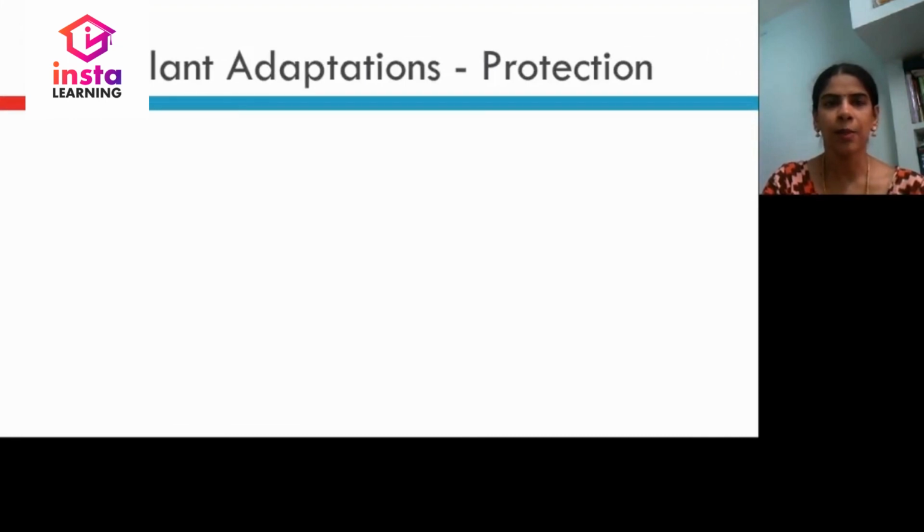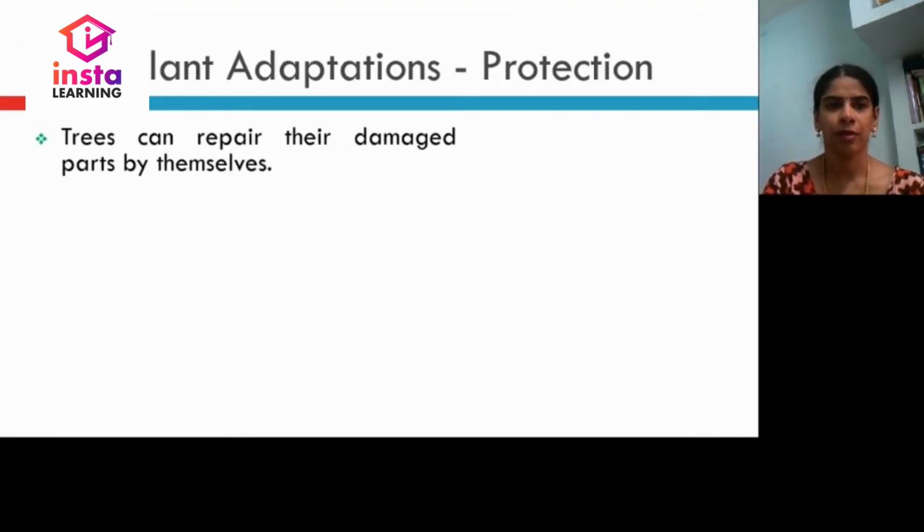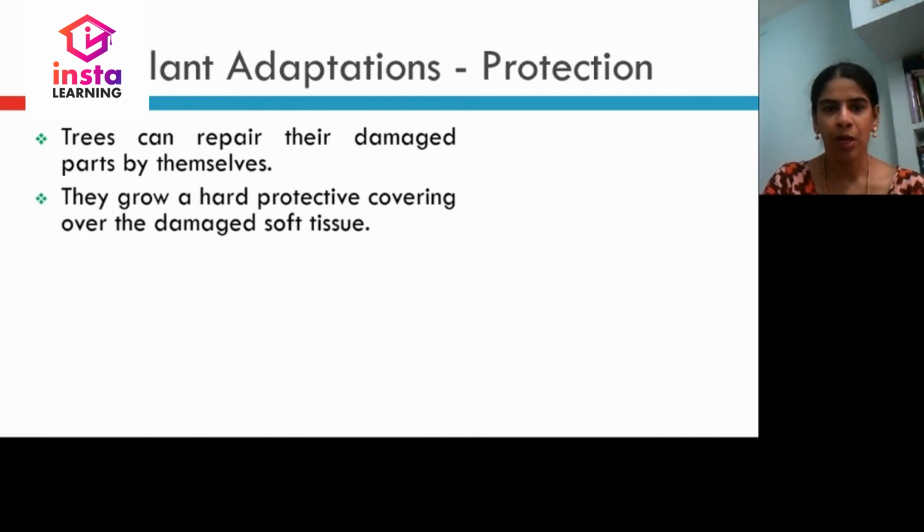Let us learn the plant adaptation for protection. Trees can repair themselves by growing a hard protective covering over the damaged soft tissue.